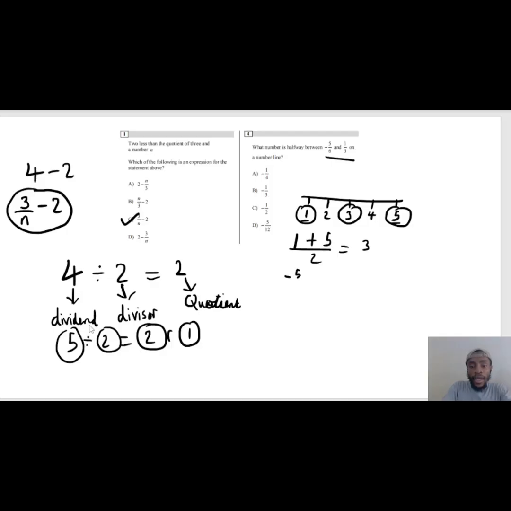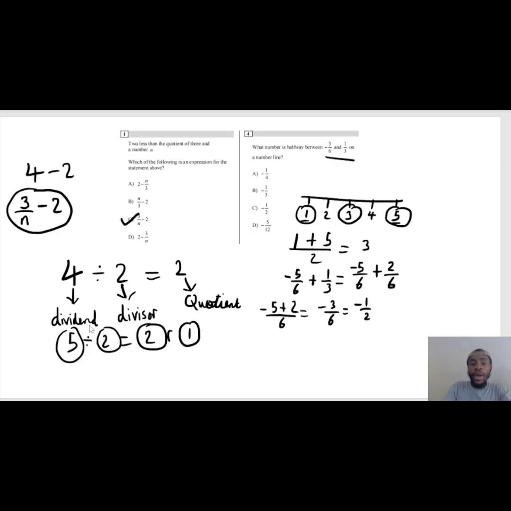So let's do that now. Minus 5 over 6 plus 1 over 3. When we solve this, what would that give us? Minus 5 over 6 plus 1 over 3 is the same thing as what? 2 over what? 6. Exactly. So if you add this, this will give you minus 5 plus 2 over 6, which is minus 3 over 6. And that answer is minus 1 over what? 2.